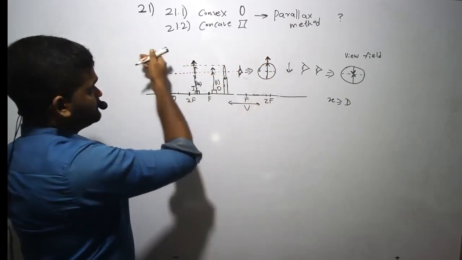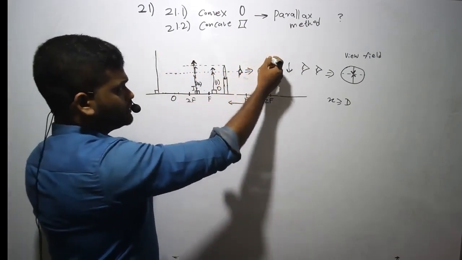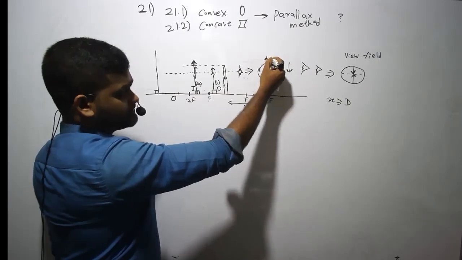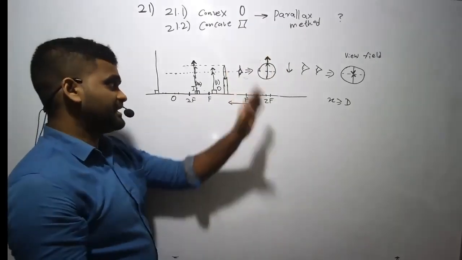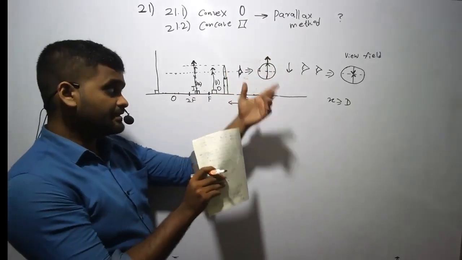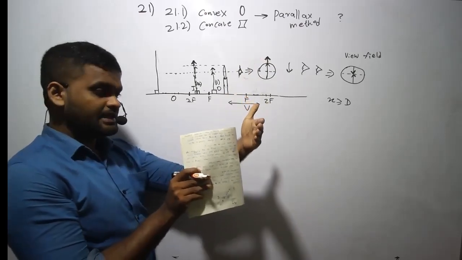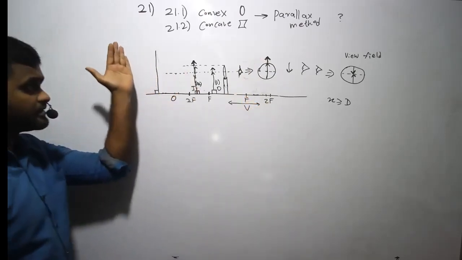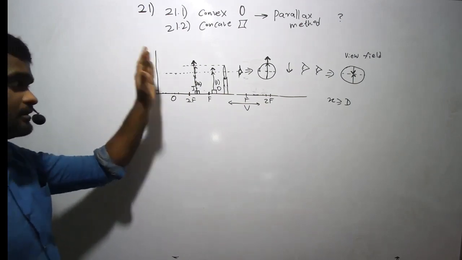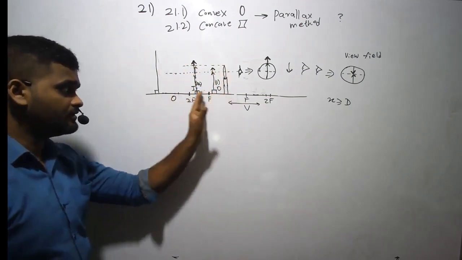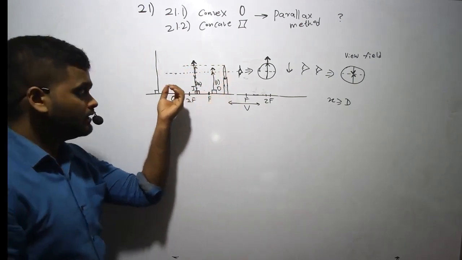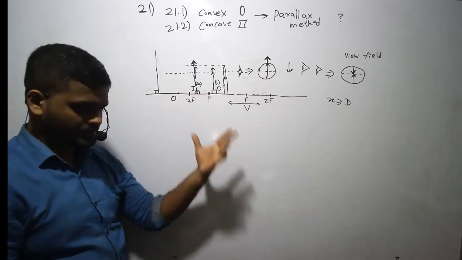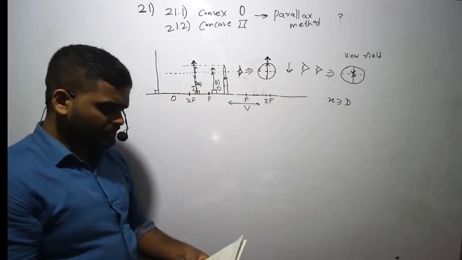But still, if there are other objects, you will not be able to clearly see this. You will see that, but it is better if you can see this part distinctly from the other objects. So that's the only reason you place this screen here when you are observing these virtual images, right? Okay. So that is the difference here.